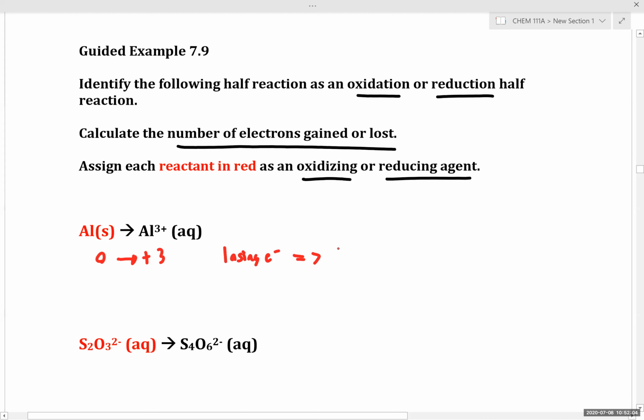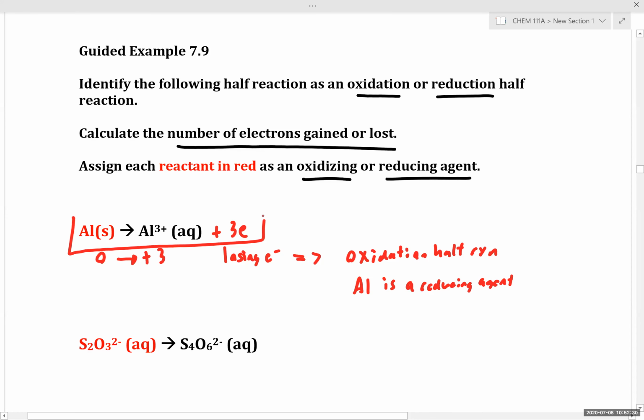And if we're losing electrons, we're looking at an oxidation half reaction. And this aluminum, as a result, if it's losing electrons, it's donating electrons, and we'd say aluminum is a reducing agent. So we've lost 3 electrons. Does this example make sense so far?